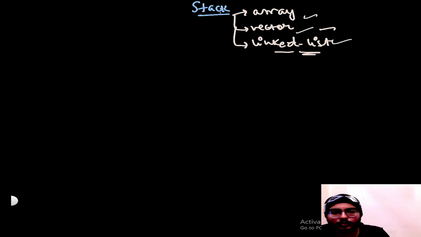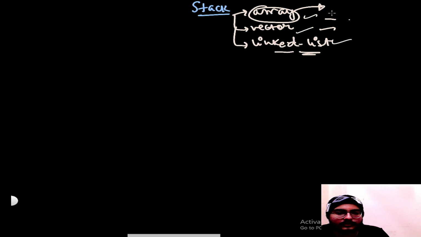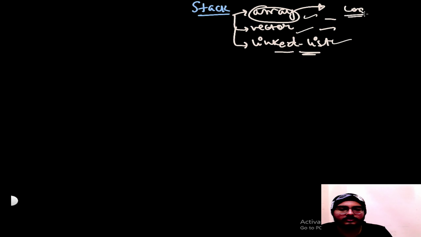But we will try to follow the old school method and implement it through an array, because it will require fewer external libraries, and we will just use one operation to perform this.